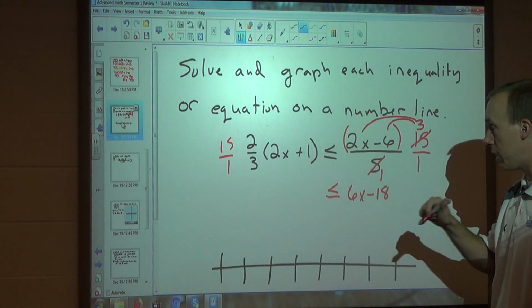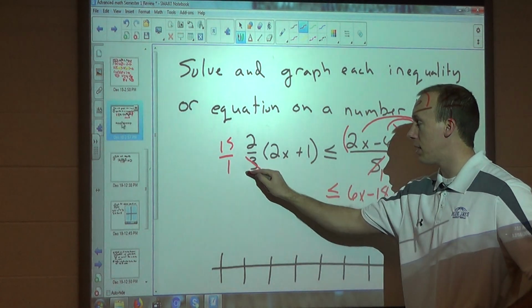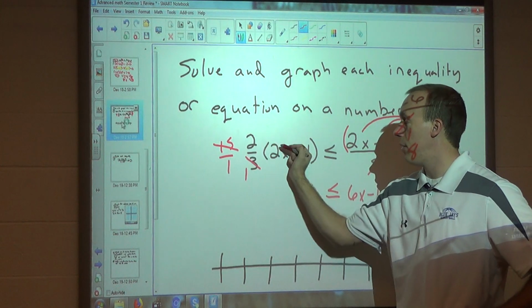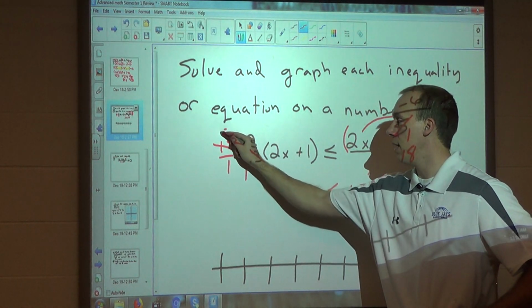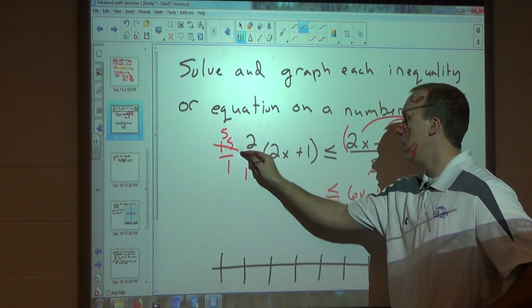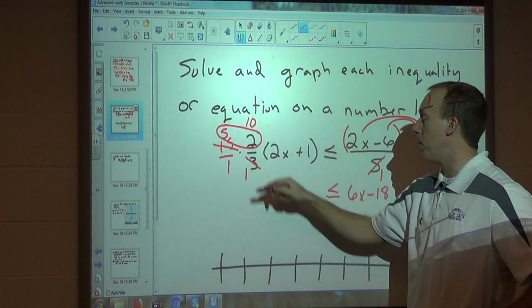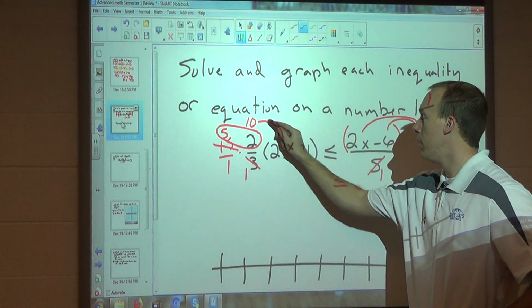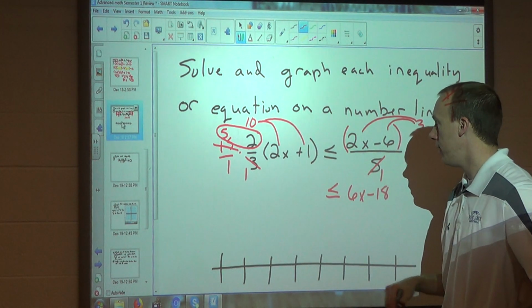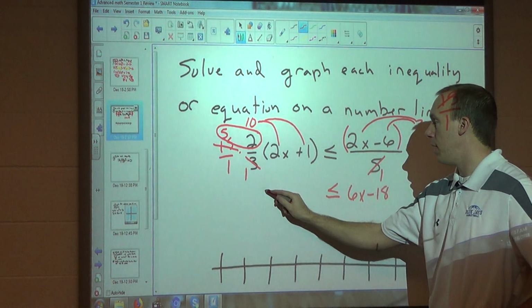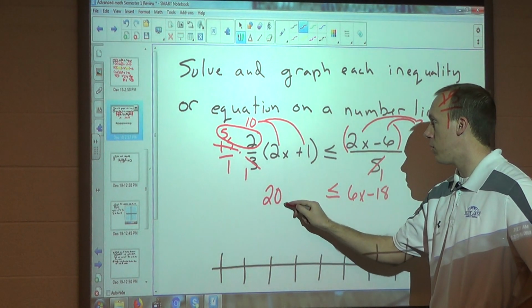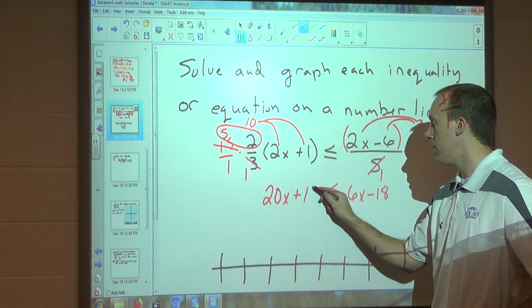Next, 3 goes into there once, 3 goes into 15 5 times. What can I do with these guys? That's 10. So what am I going to do with that 10? Distribute it in, and that gives me 20x plus 10.